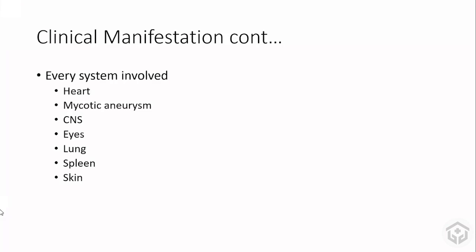In the spleen there are two things: an immunological reaction as well as splenic abscess. The immunological reaction will cause splenomegaly, and the septic emboli will cause splenic abscess as well. In the skin, there are the various manifestations I mentioned earlier: Osler's nodes, Janeway lesions, splinter hemorrhages under the nail bed, and petechial rashes.